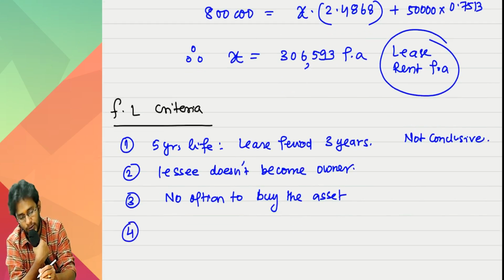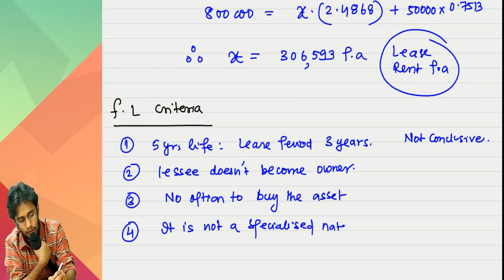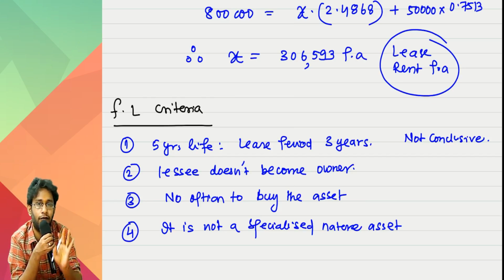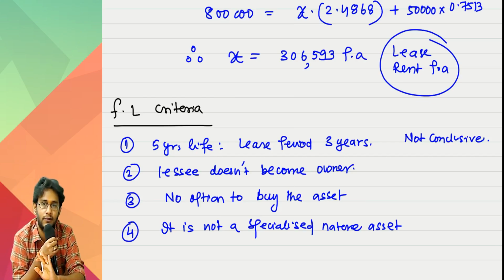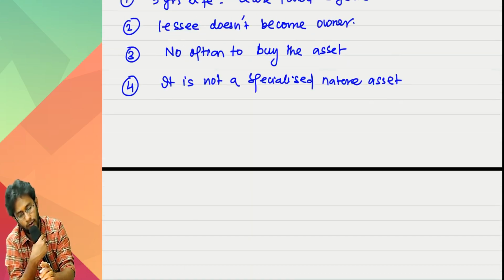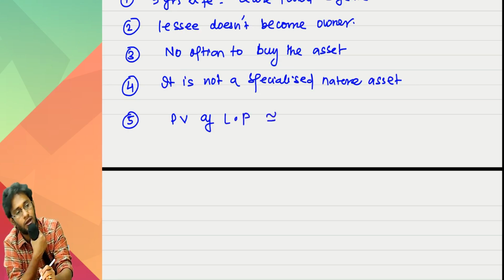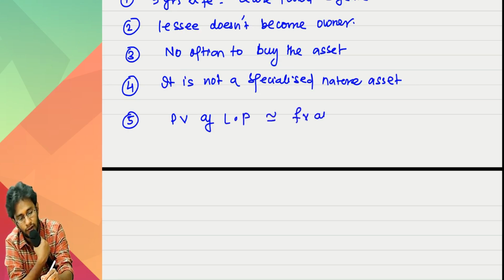Nowhere in the question is it mentioned that it is not a specialized nature asset. Out of your 5 criteria, 4 we have seen, we can't conclude that this is a finance lease. Then you have one more. You have to check whether the present value of lease payments is substantially equal to the fair value of the asset.